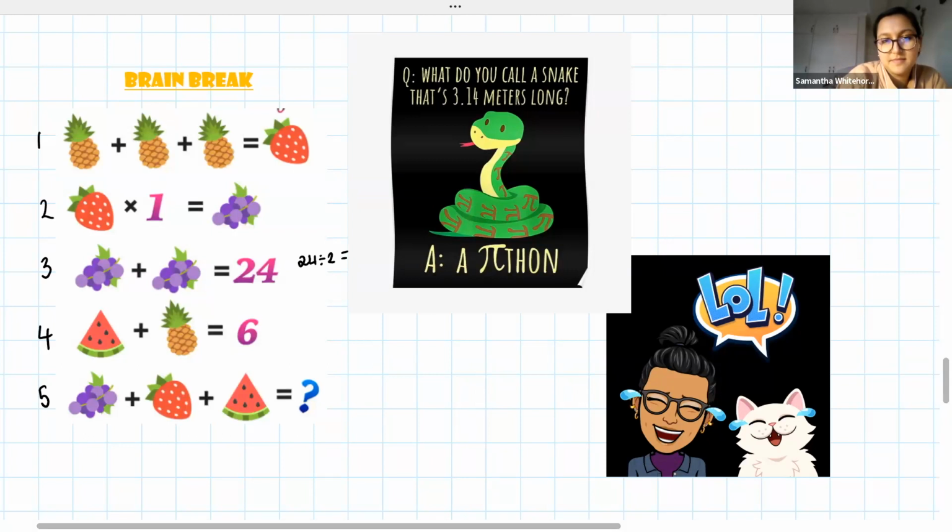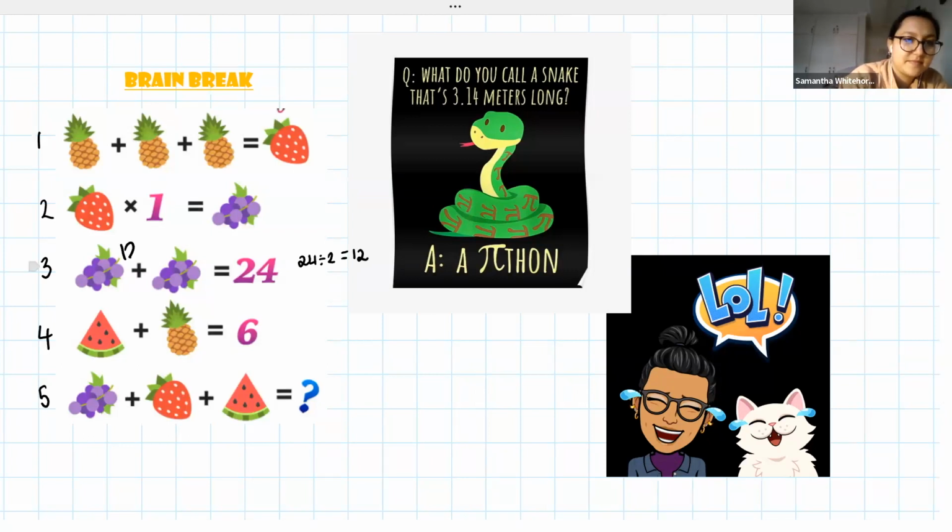So 24 divided by 2 will be 12. So it's going to be 12 plus 12. Cool. Since we know what the grapes are, we're going to work with number 2 now, because the answer for number 2 will be 12. And it says 1 times something will equal 12. So obviously it's going to be 12 times 1. So the strawberry will be 12.